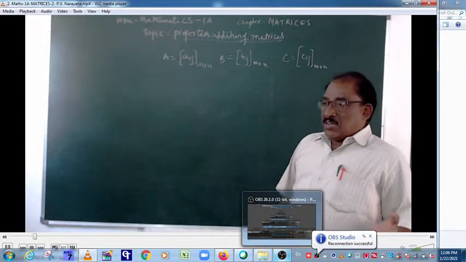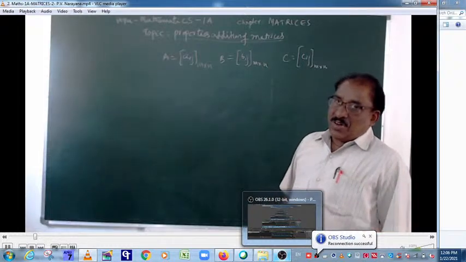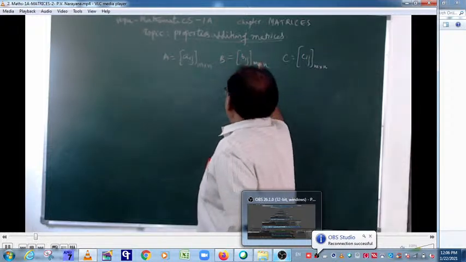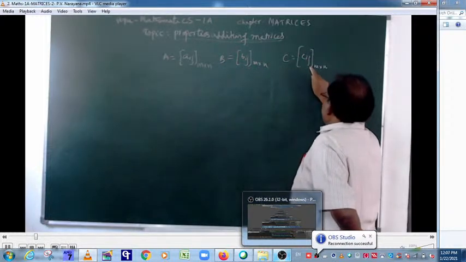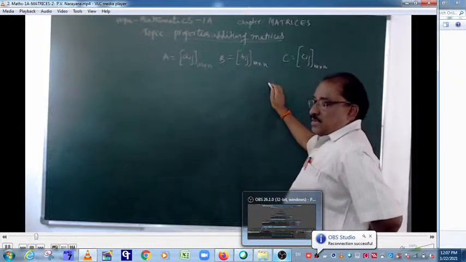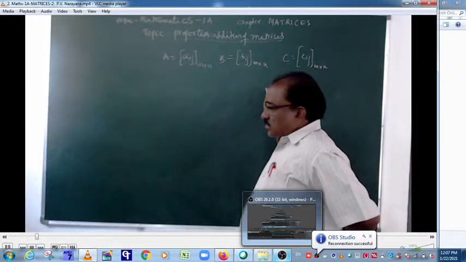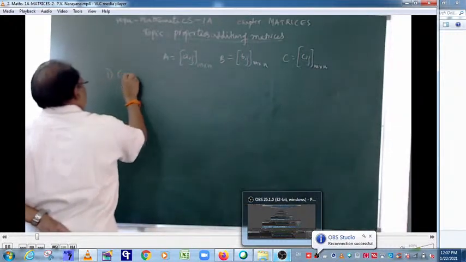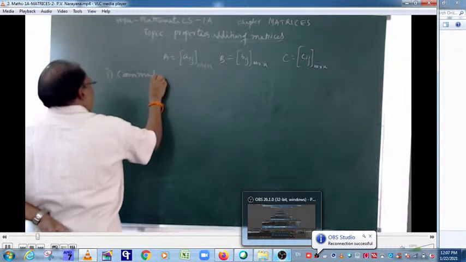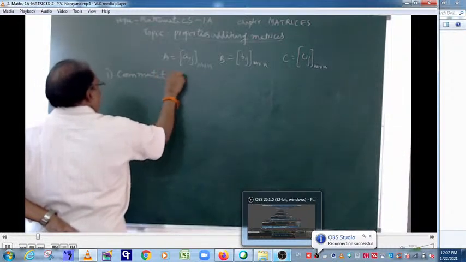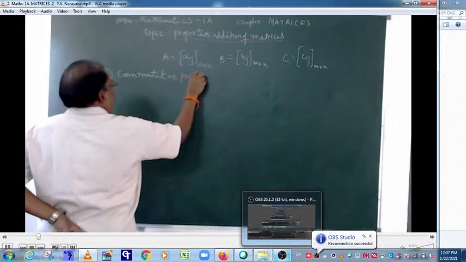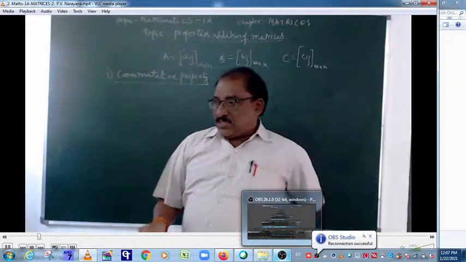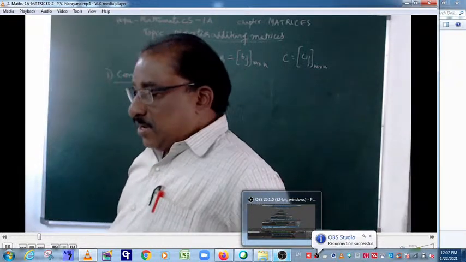Take three matrices of the same order: A is equal to [a_ij] m by n, B is equal to [b_ij] m by n, and C is equal to [c_ij] m by n. First property, commutative property. This is also known as evident property.